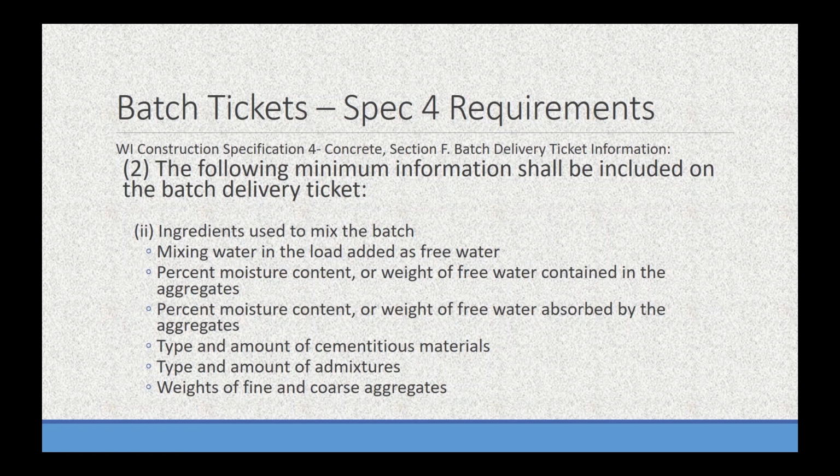We're going to need to know the type and amount of cementitious material, your Portland cement, fly ash, potentially slag, type and amount of admixtures. Travis kind of mentioned those, accelerator, water reducer, and then your weights of the fine and coarse aggregate. So this is all in Spec 4. It's all required. We should be seeing this on all of our batch tickets.